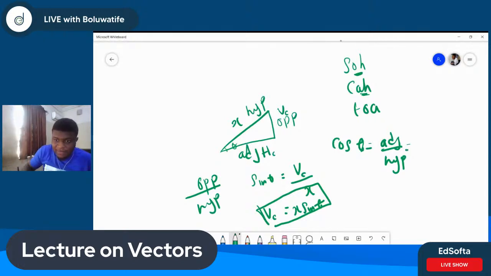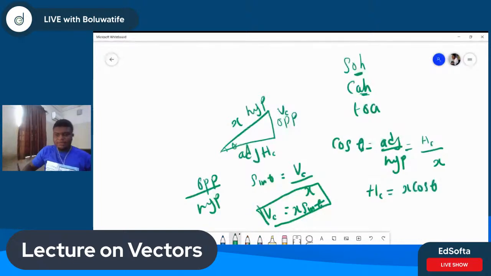So what I have here is the horizontal component divided by x. So if I cross multiply, because I'm trying to find the horizontal component, I'm going to end up with X cos theta.